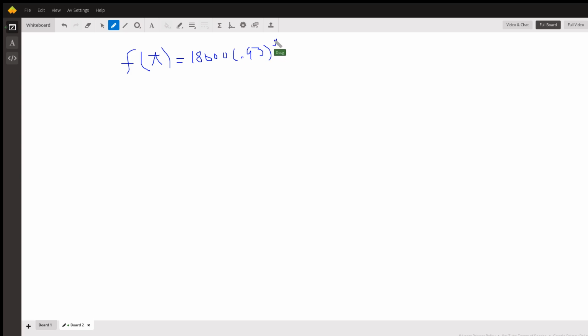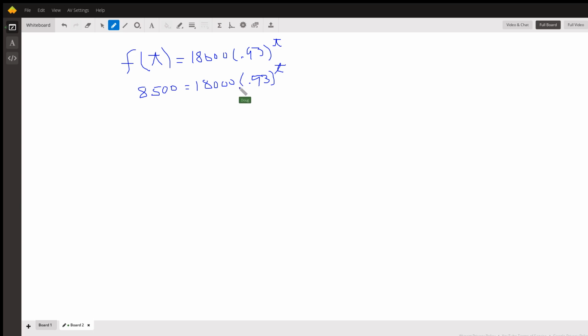We want to know, when is this function value going to be 8,500? So 8,500 equals 18,000 times 0.93 to the t power. Now we're solving an exponential equation. We've got a variable in the exponent.